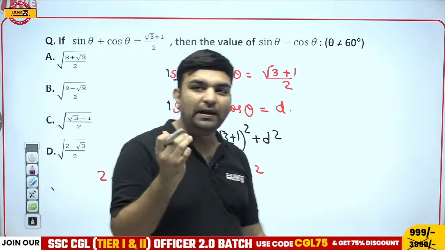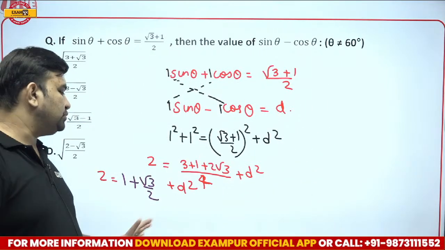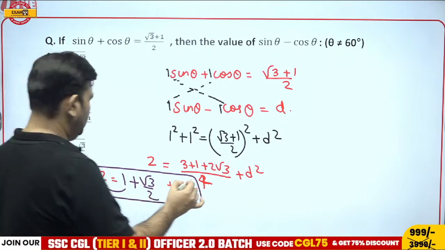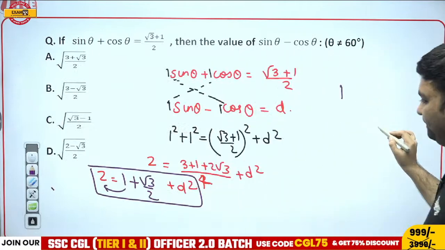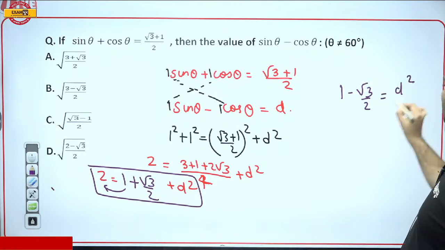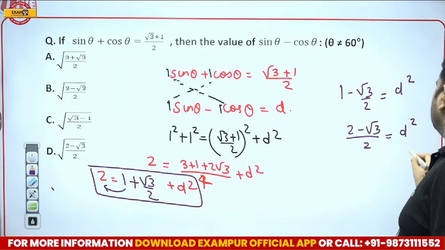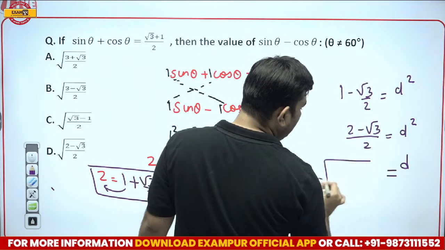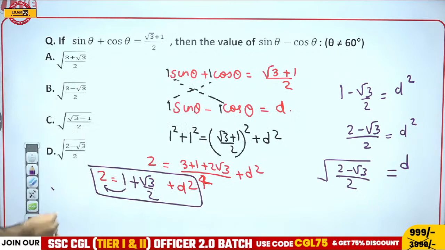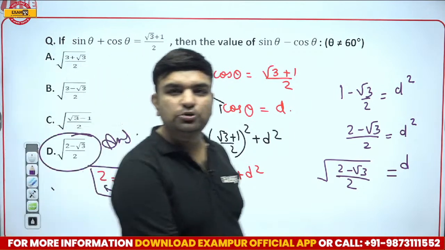So from (root 3 plus 1) divided by 2 whole square, it has now reduced to (1 plus root 3 by 2). Take this 2 over here. 2 minus 1 is 1. 1 minus root 3 by 2 is equal to d square. So d is root of (2 minus root 3) divided by 2.